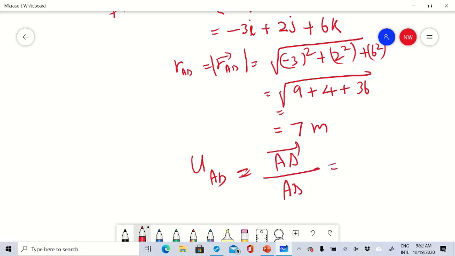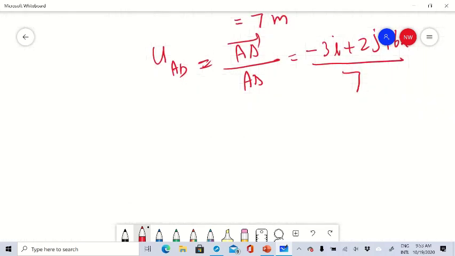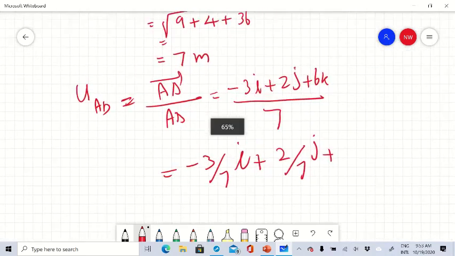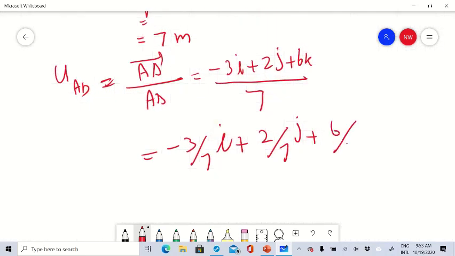So vector AB is equal to -3i plus 2j plus 6k. Magnitude of the vector is 7, right? So then we can say UAB is equal to minus 3 over 7 i plus 2 over 7 times j plus 6 over 7 k, right?